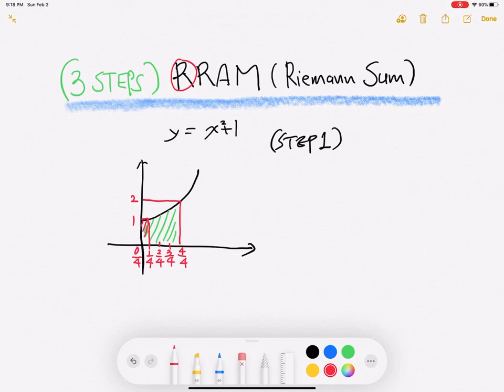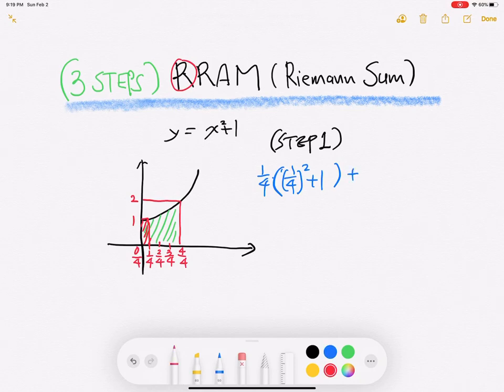Something like this, right? What is this area? It is length times height, 1/4 times the height. The height is the y value when x equals 1/4, so plug in 1/4 for x: 1/4 squared plus 1. That's the first rectangle's area.